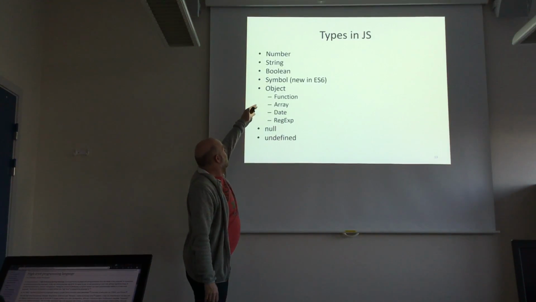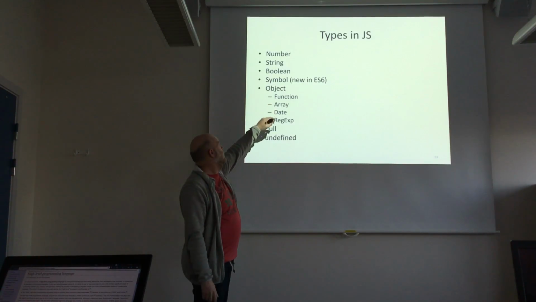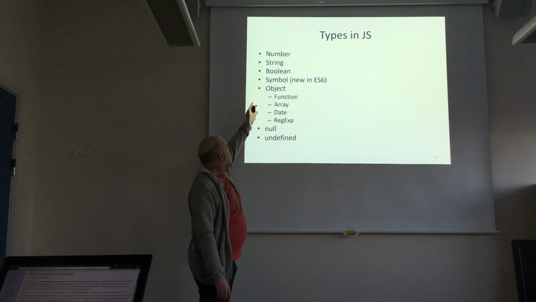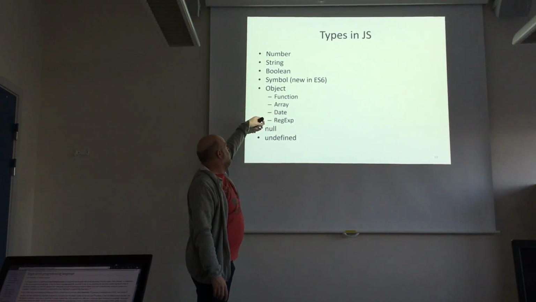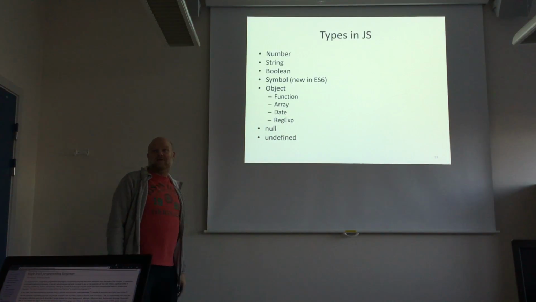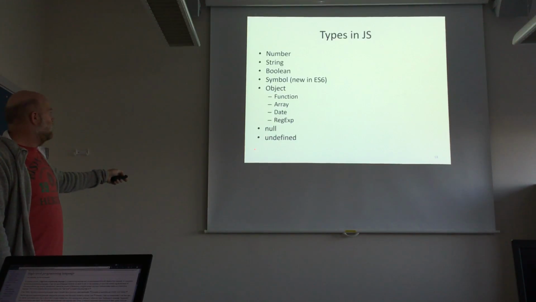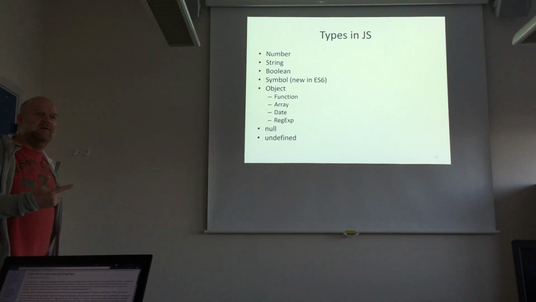Then you have objects, so it's an object-oriented language, very much an object-oriented language, but it's not a class-based language. We have some predefined objects. We have functions, we have arrays, we have date, we have regular expressions, and so on. So that's part of the language. Then we have a null and an undefined. It's a little bit weird that there's a null and an undefined.